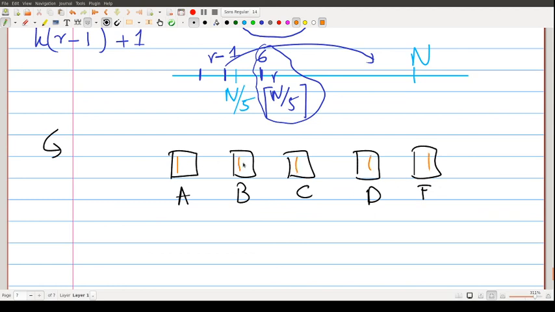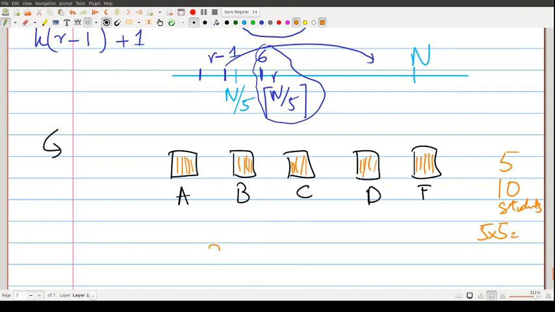I have successfully placed 1 student in each box, and so I now have 5 students, but I still don't have 6 students getting the same grade. Let's say I put another one in each of these grades. So now 2 students have the same grade and I have reached 10 students. Let's place another one, 3, 3, 3. So I can go up until 5 times 5, right? I can put 5 students in each of these grades and still get no 6 students getting the same grade.